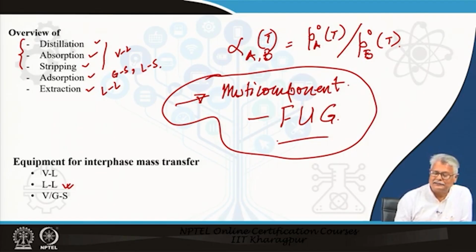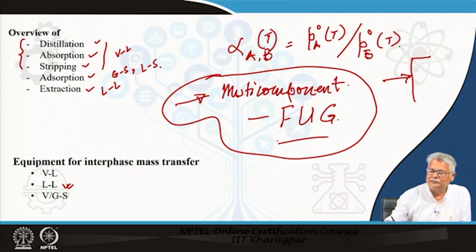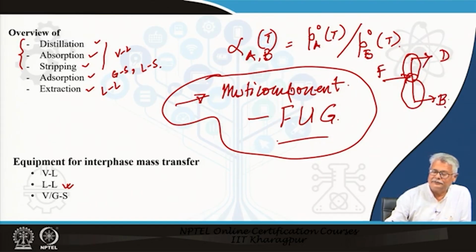If you look at a distillation column, it typically will have a feed somewhere. You can consider that this is one distillation column and this is a second distillation column. That means, this is your feed, this is your distillate and this is your bottoms, as if there are two distillation columns merged into one.